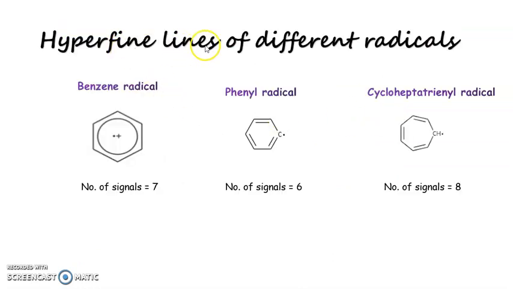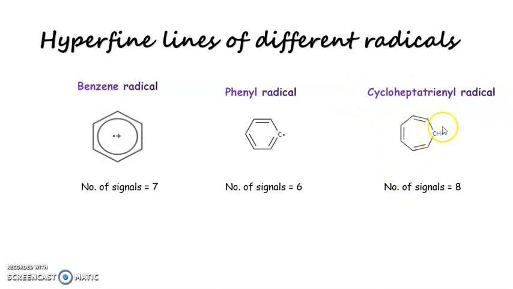Then we can have different radicals. Consider the benzene radical, C6H6 radical. For it, the number of signals will be 6 plus 1, that is 7. For the phenyl radical, that is the C6H5 radical, the number of signals is 5 plus 1, which is 6. And for the cyclohexatrienyl radical, this is the structure.